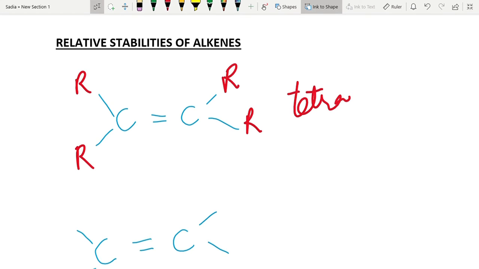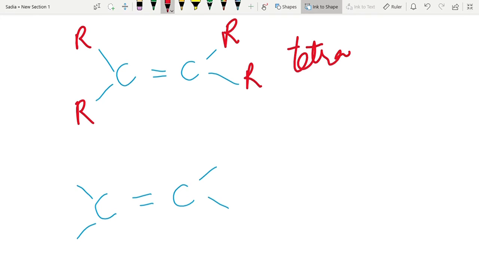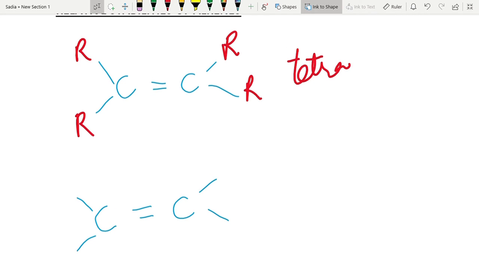And if I say I have 3 R groups attached, 1, 2 and 3, and the 4th is a hydrogen atom, this will be known as the tri-substituted alkene.